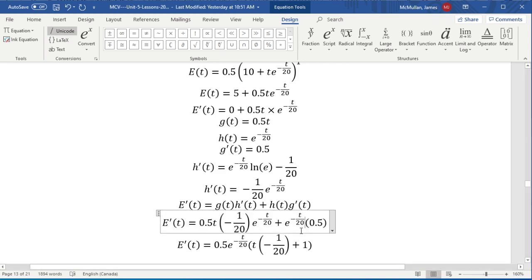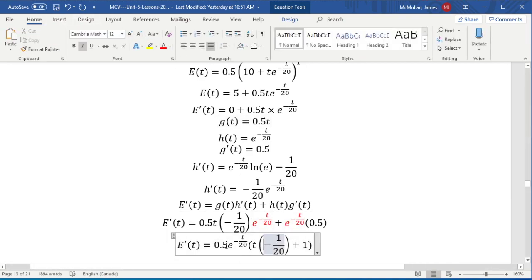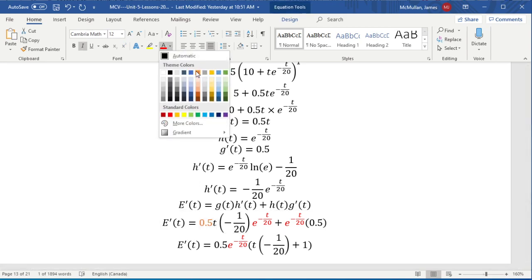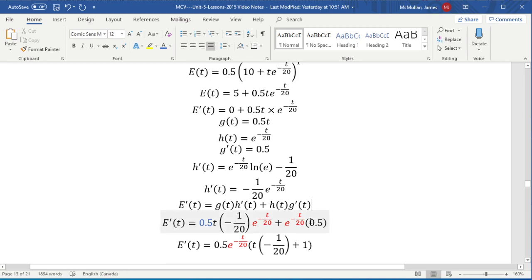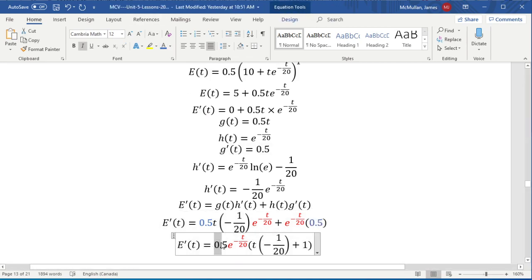Just to make this a little bit simpler to see, if we color in the common factors, they both had that red factor, which is why I brought that to the front. They both had this factor of 0.5, which is why that was brought to the front.